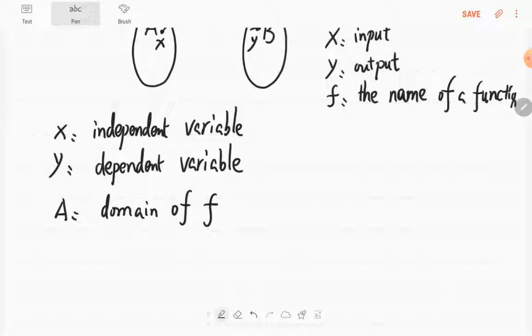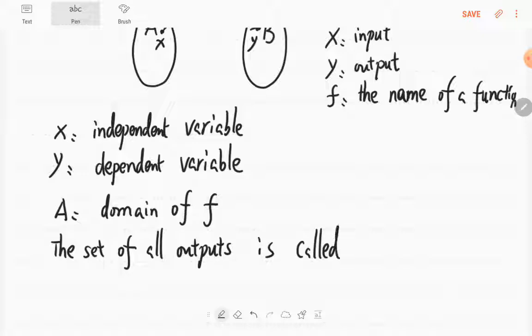And the set of all outputs is called the range of function f.